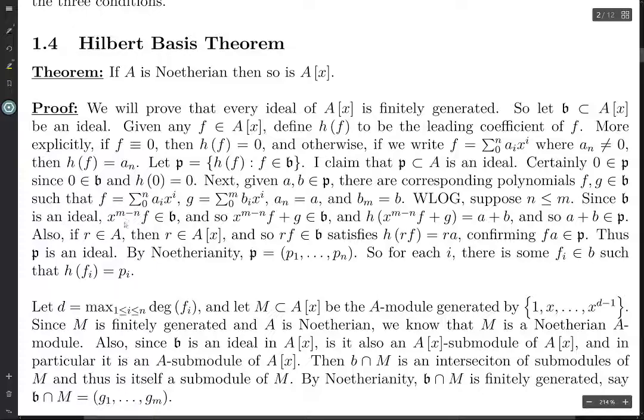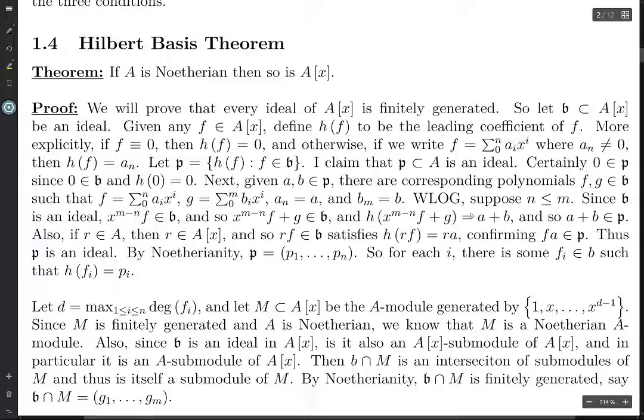Since B is an ideal, we can multiply by a polynomial to stay in the ideal. And in particular, we can multiply by the polynomial x to the power of m minus n. Remember, m is greater than or equal to n, so this works. If you take these two things and add them together, you stay in the ideal.